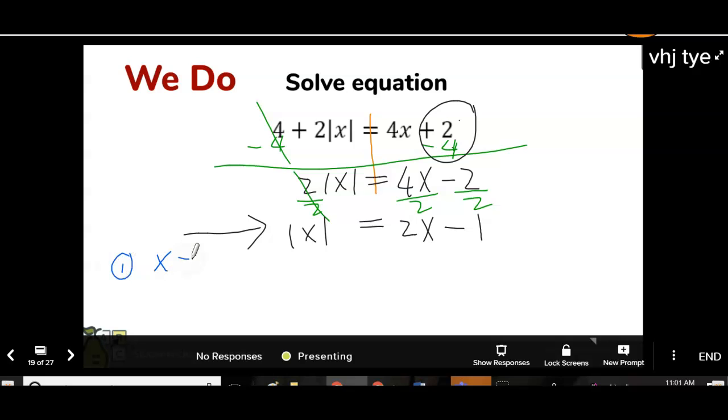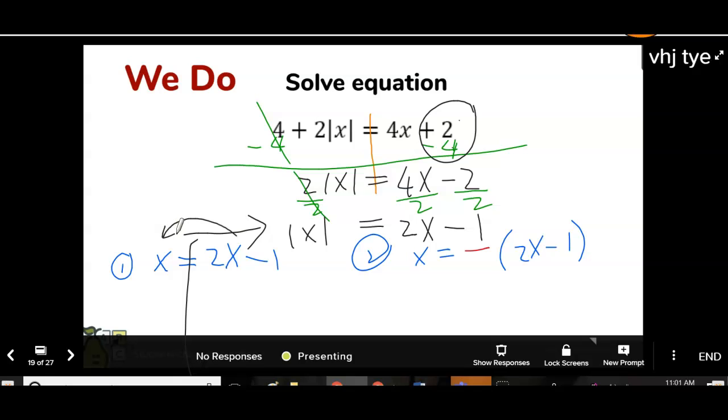First one is x equals the other side. Second one is x equals negative of the other side. Give the other side a parenthesis, so together it means the other side. And solve each of the equations. First, move your x to the same side by minus 2x.